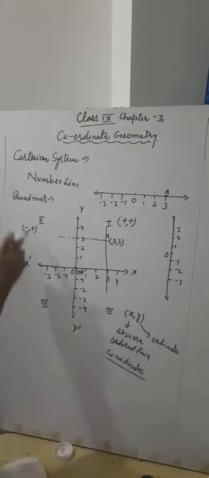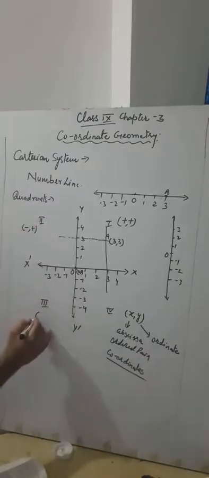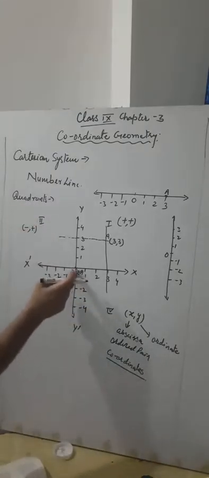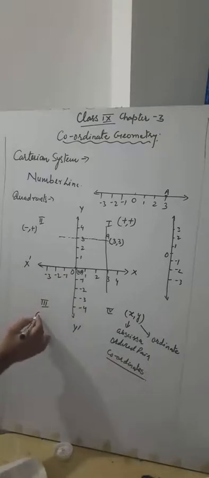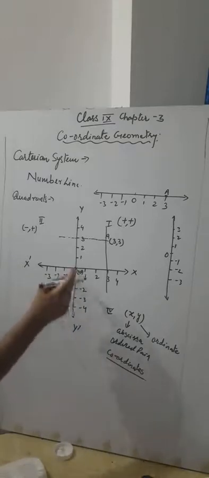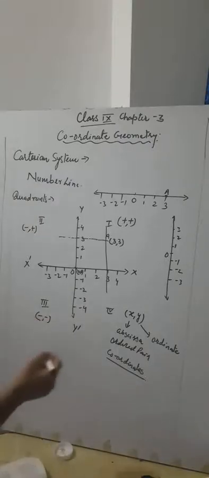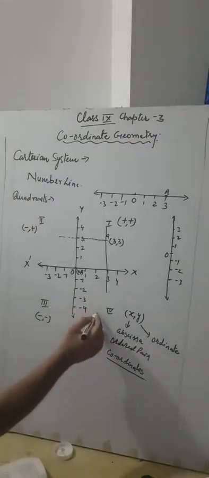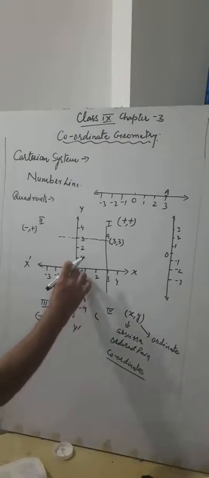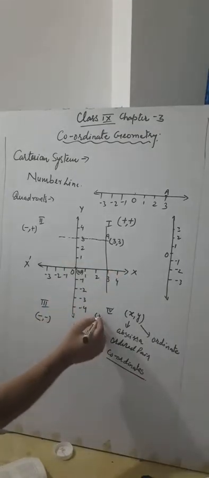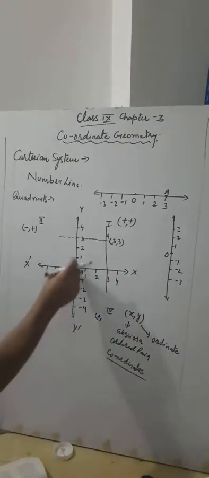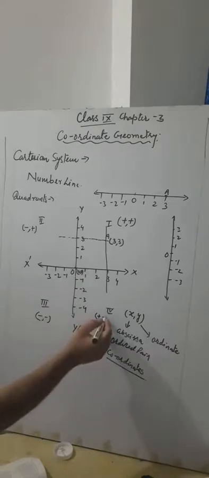And in the third quadrant the value of abscissa is negative and the value of ordinate is also negative. And in the fourth quadrant the value of abscissa is positive and the value of ordinate is negative.